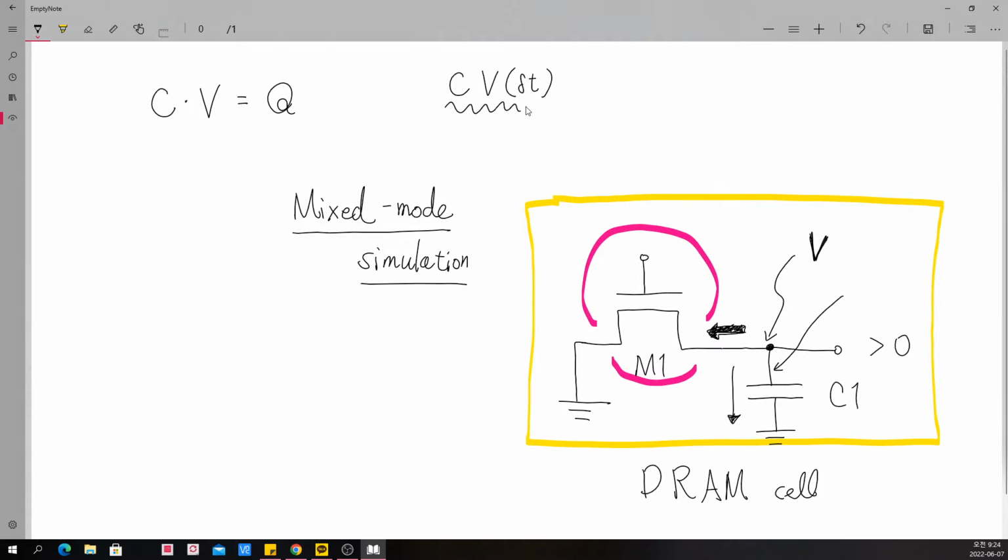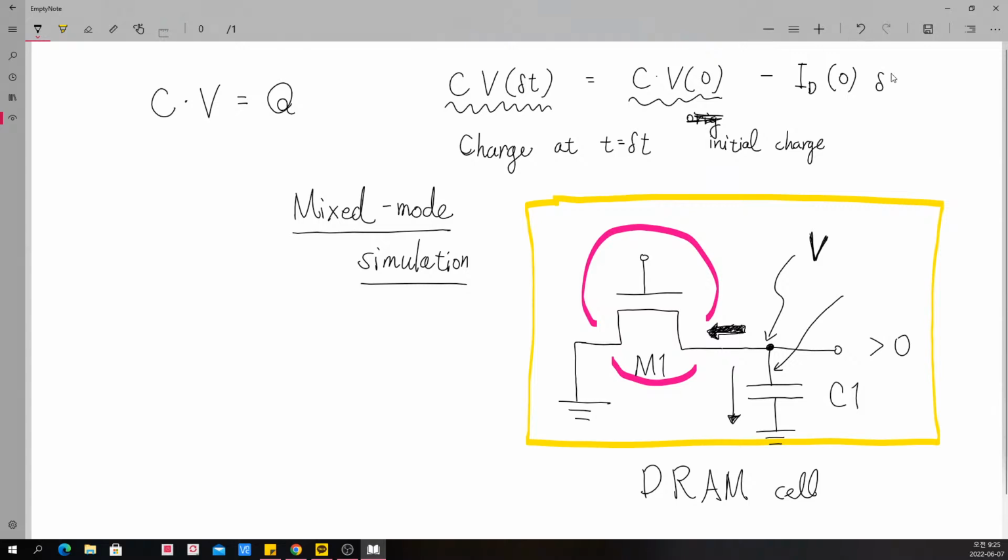So the charge collected at the capacitor node at t equal to delta t can be written as C times V at t, the original or initial charge, minus I_d at 0 times delta t, that is corresponding to the charge loss due to the leakage current.